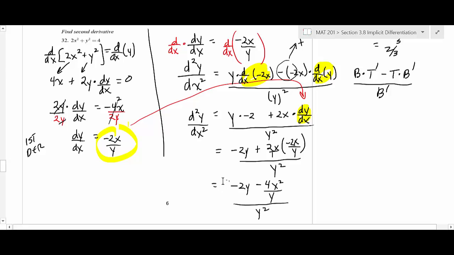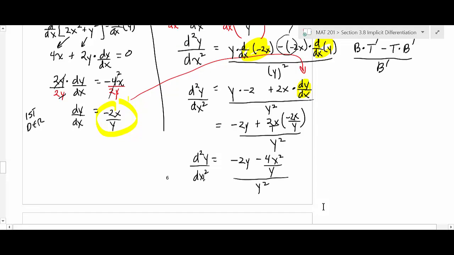Now that's your derivative. What I would prefer that a student do on this is get rid of the complex fraction. That's the derivative, but it's just better if you do one more step, and that last step is you would like to get rid of that y. So I'm going to multiply the top by y and the bottom by y like that. Complex fraction, get rid of it. So I'm going to end up having this, and do this carefully.